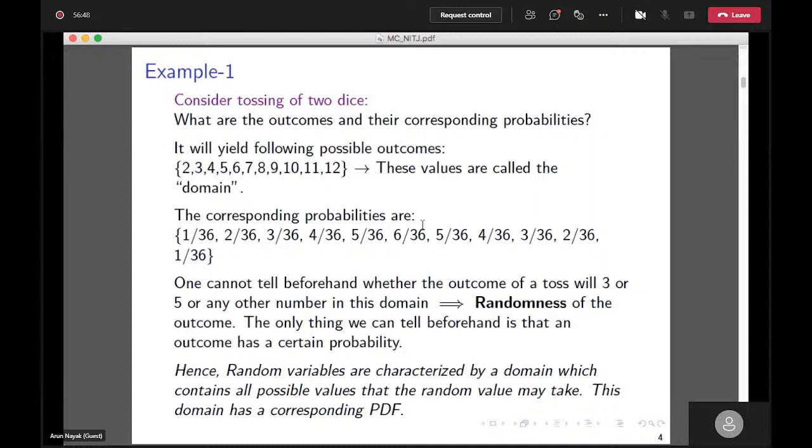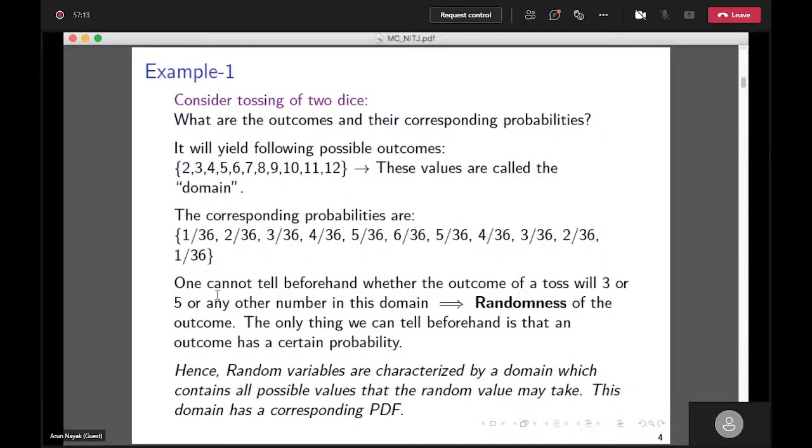So these numbers have different probabilities when you are throwing the two dice together. But when you are tossing, you cannot tell beforehand what your outcome will be, whether it will be 3 or 5 or 7, you don't know. So that is the randomness.